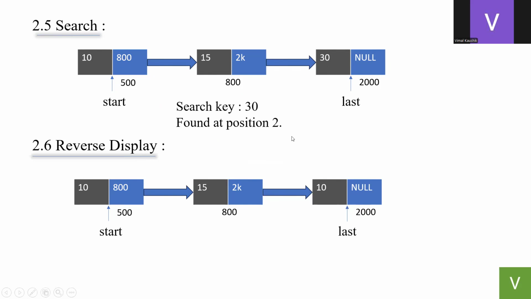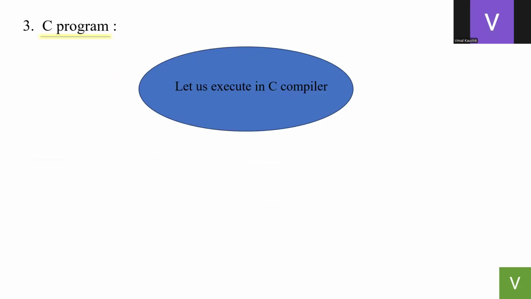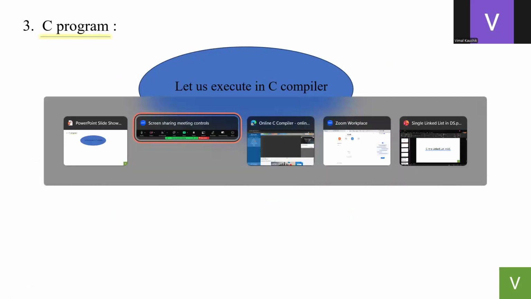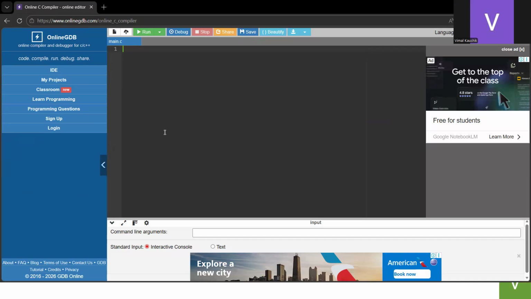So this is searching in a single linked list. Now similarly, reverse display. We start with the last element and display the elements until we reach the first element. So these are the six operations that can be performed on a single linked list. Now let us write a C program in a C compiler for a linked list.